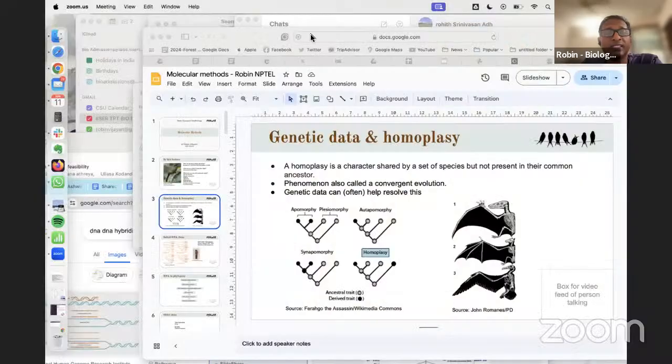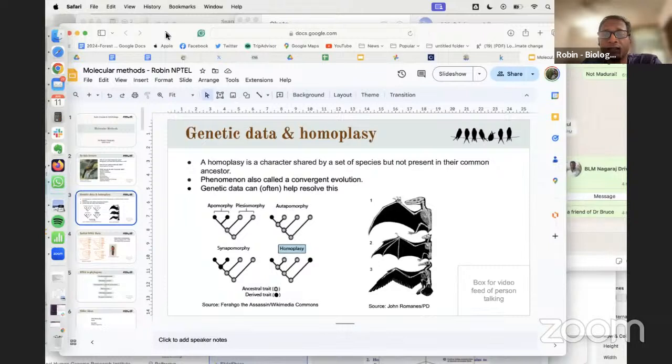I think the first thing was this question, which is on genetic data and homoplasy. And I think the question was, if I scroll back up, which have not been explained. Yeah, I can explain. But actually, I was hoping that you don't need them, Akshay.